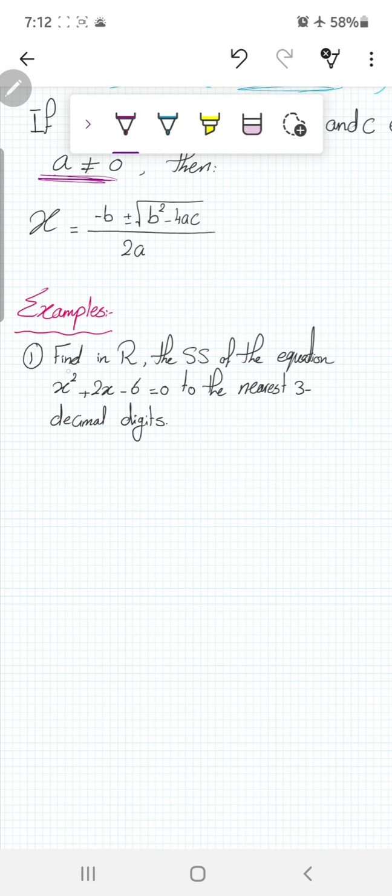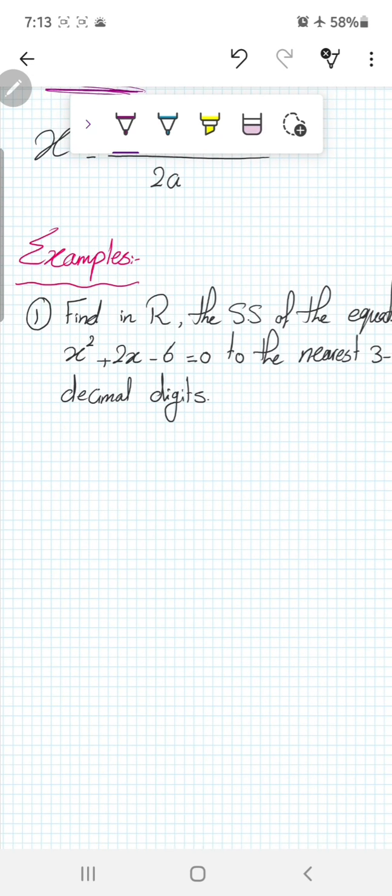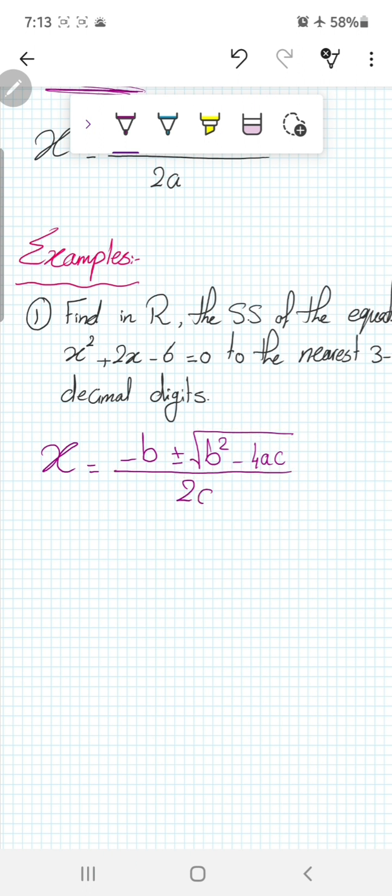Here we want to get the solution set of the equation algebraically and get the solution set nearest to 3 decimal places. Okay, as we said, here we have a rule which is x equals negative b, positive or negative square root of b power 2 minus 4ac, over 2a.